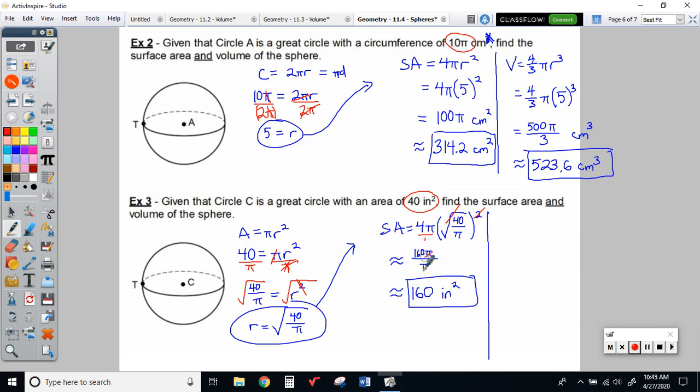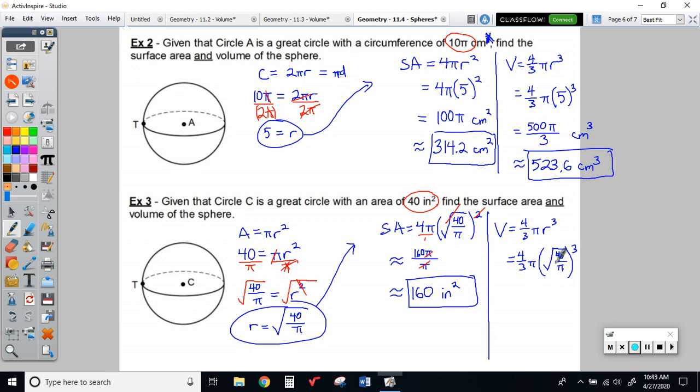And then for the volume, 4/3 pi r cubed would become 4/3 pi times, and on this one, we're taking the square root of something, but then we're cubing that, so there's not going to be a nice cancellation like there was over here. This one definitely going to want to use a calculator for that.